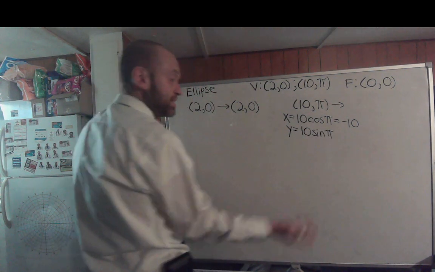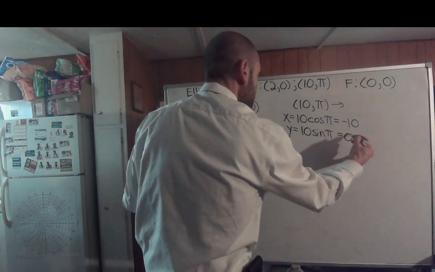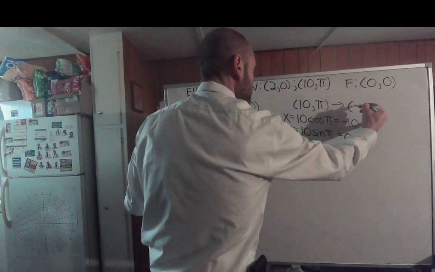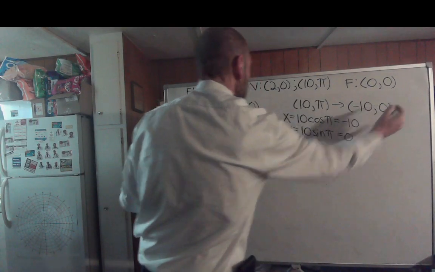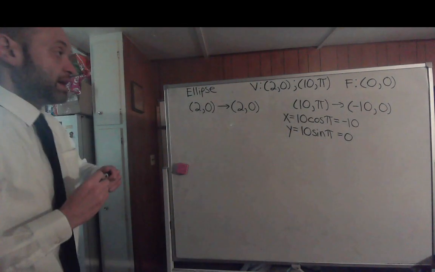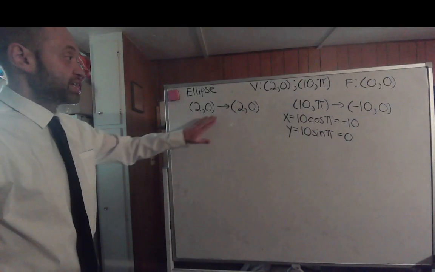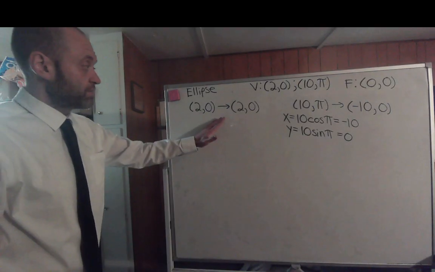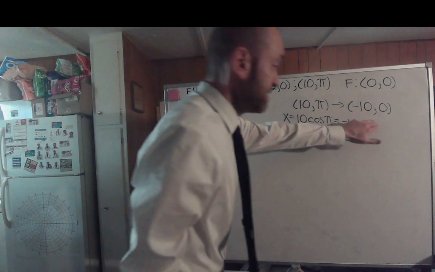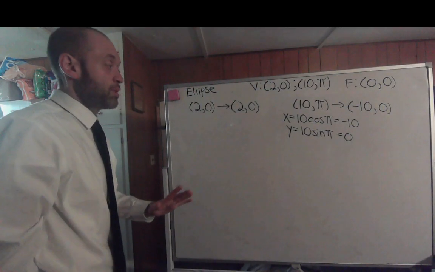Sine of pi is 0 times 10 is 0. So 10, pi in the rectangular system would be the ordered pair negative 10, 0. So now we have vertices for this ellipse at 2, 0 and negative 10, 0 in the rectangular system.